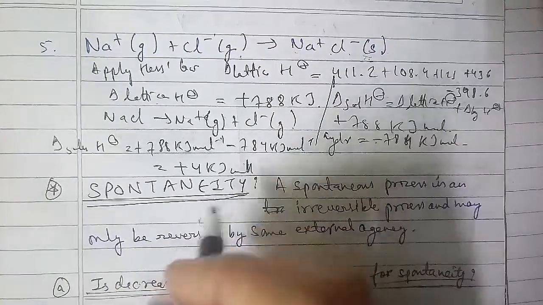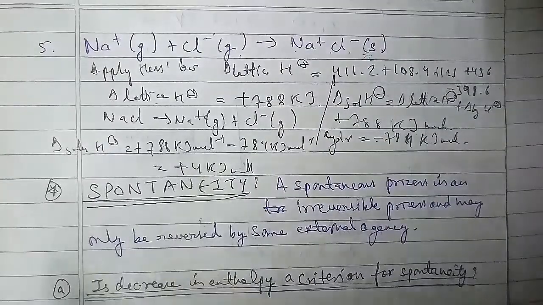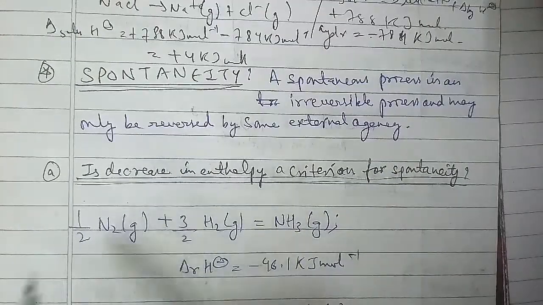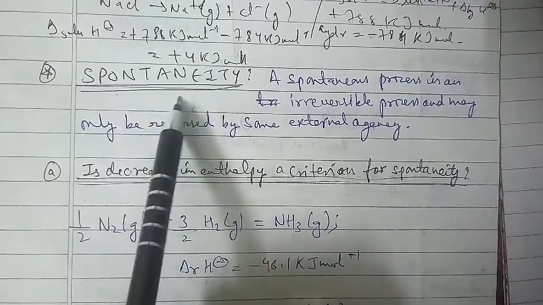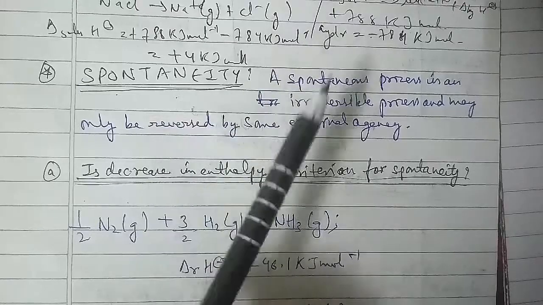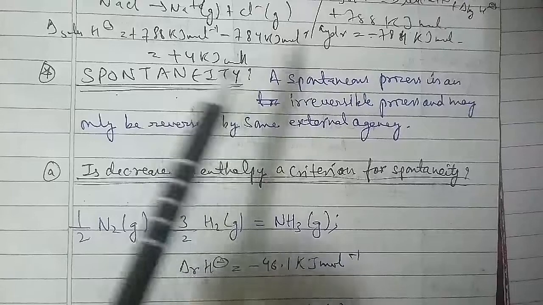In fact, all naturally occurring processes, whether chemical or physical, tend to proceed spontaneously in one direction only. For example, a gas expands to fill the available volume, and carbon burns in dioxygen giving carbon dioxide.